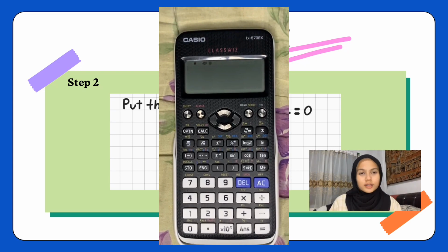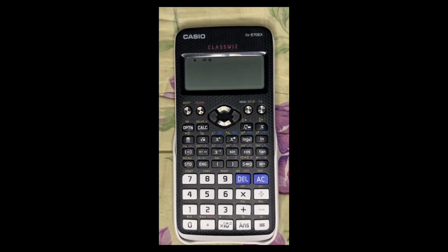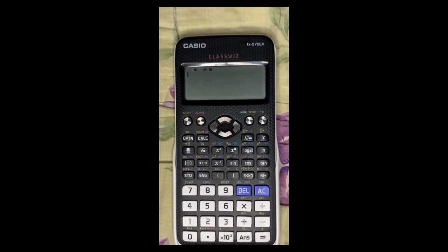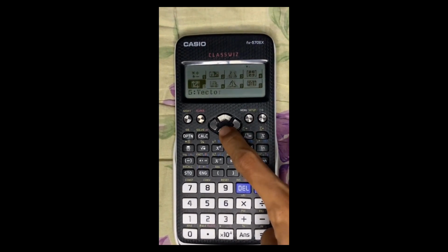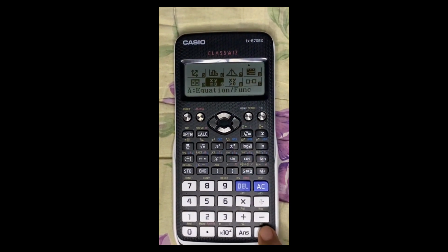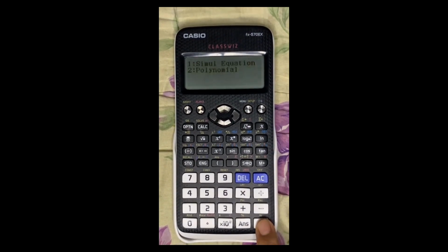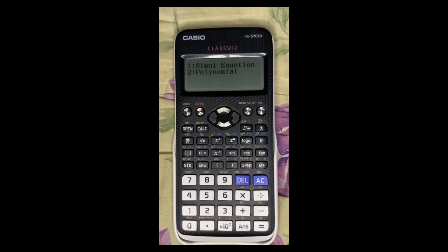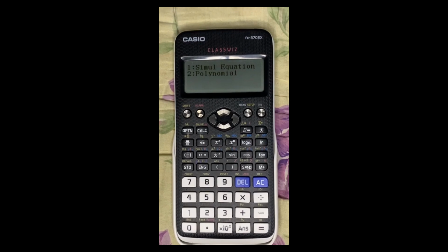Okay, now I want to show you how to get the answer in step 2 by using the calculator. First, we must press the menu or setup and look for the menu for equation or function. After that, we press the button equal to. After that, we press the button 2 and press the button 2 again because the equation for the question is to the power of 2.